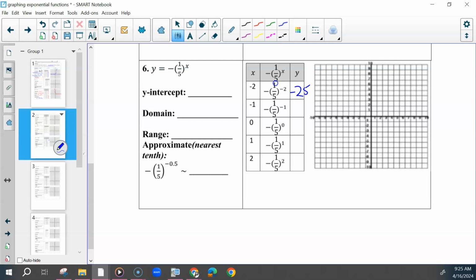What about -1/5 to the negative first? -5. Nope, -1/5 to the 0 power.